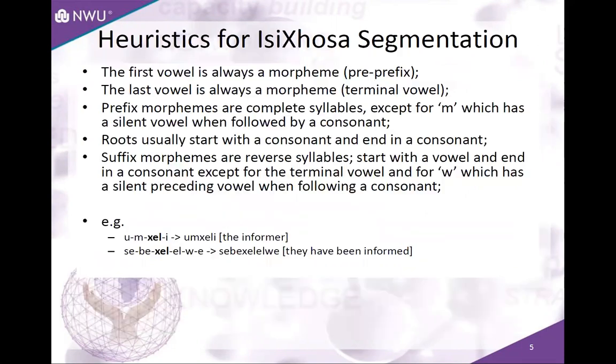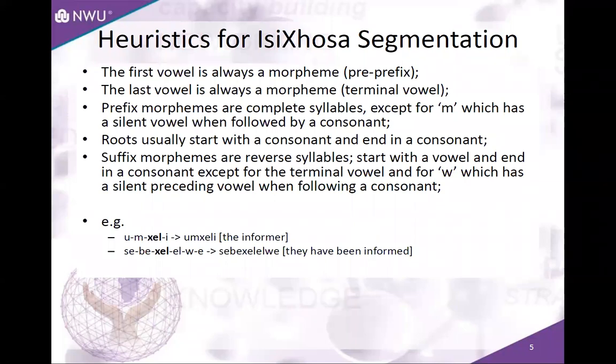For the heuristics that we use in this work, we are looking at an isiXhosa word and breaking it into pieces, into its morphemes. So we're making some heuristics. One is, if you find that the first letter is a vowel, make that a prefix morpheme.